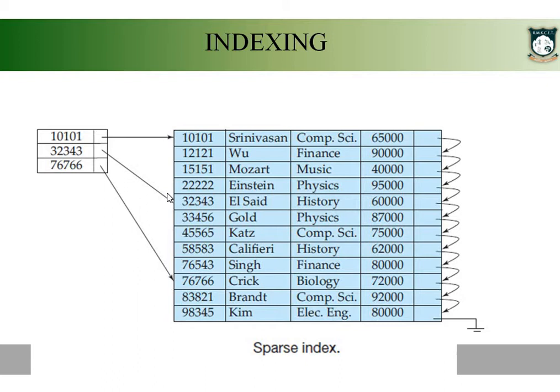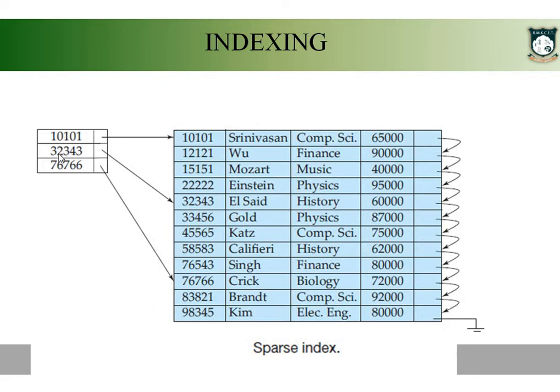Now you may get a question: in the case of a sparse index, how do you look for a particular record for which the index record is not available? Say I am looking for the instructor with ID 33456, but in the index file you don't have an index record with the ID 33456. Now how do you look for that instructor? You have to search the values in the index file one by one.